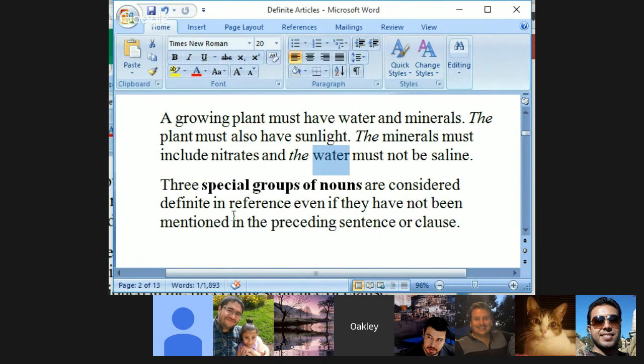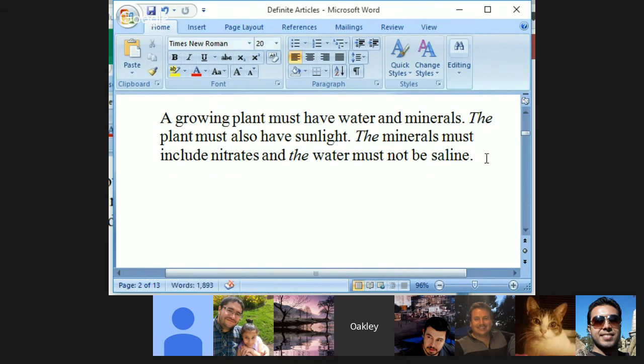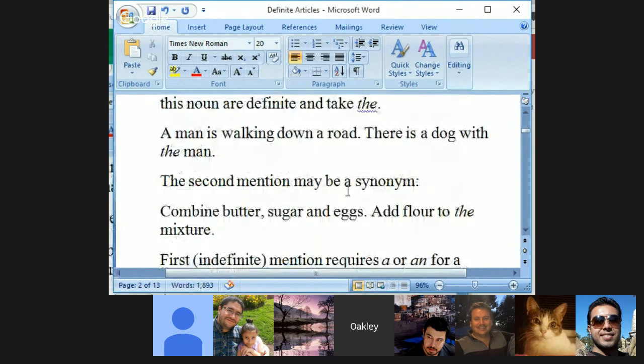I'm doing okay. Okay, before we get into this next specialness, I would like you guys to try this out. Just very basically, two sentences. Keep it simple. Something like this: a man is walking down the road. There's a dog with the man.